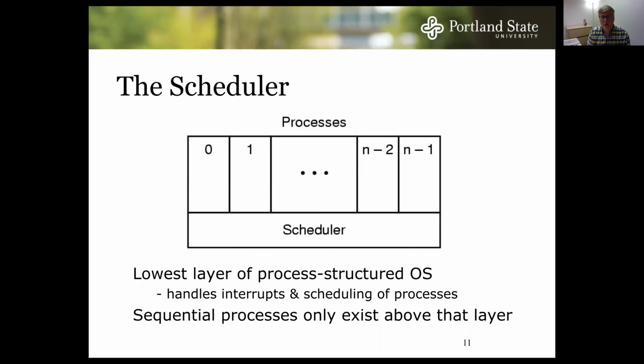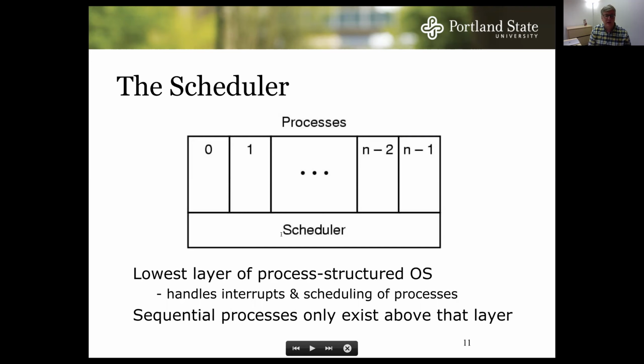Then the next question for the operating system is which of these processes should run at a given time. That's the job of the operating system scheduler. The scheduler has many processes, here we show n processes, and it's up to the scheduler to decide which one should run next.